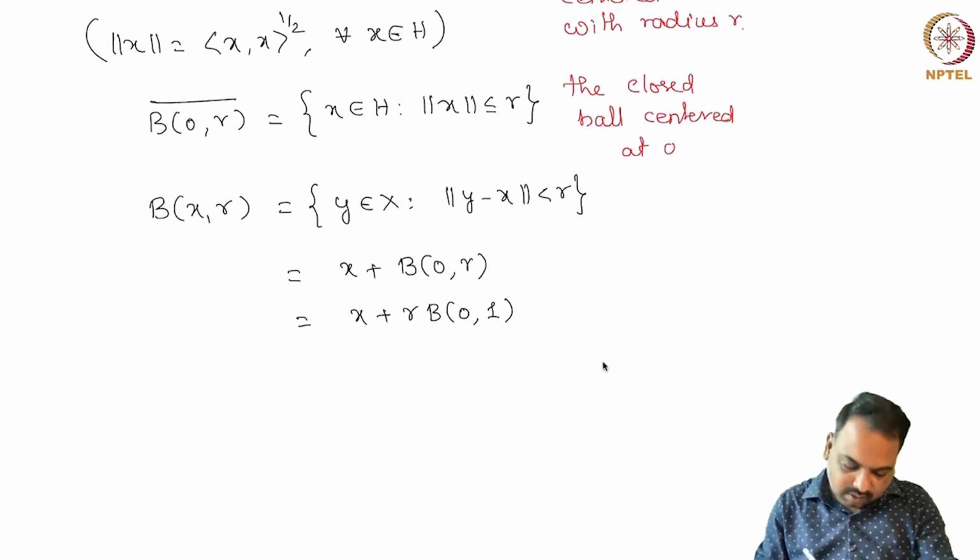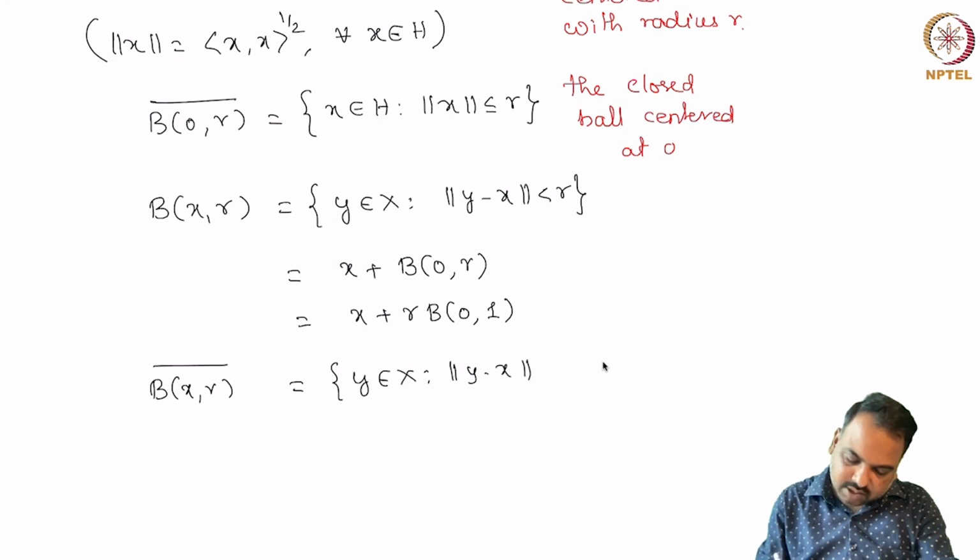Similarly, we can define B(x, r) closure. This is exactly the set of all y in H such that the norm of y minus x is less than or equal to r.